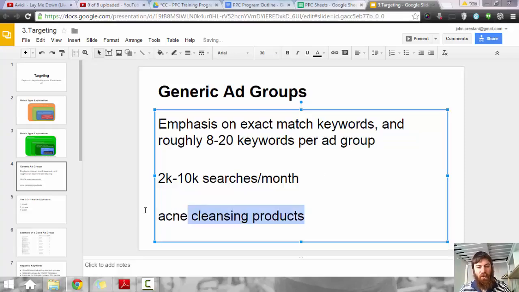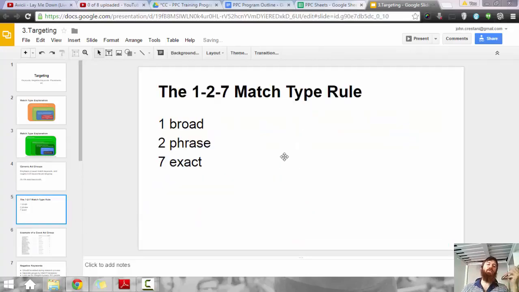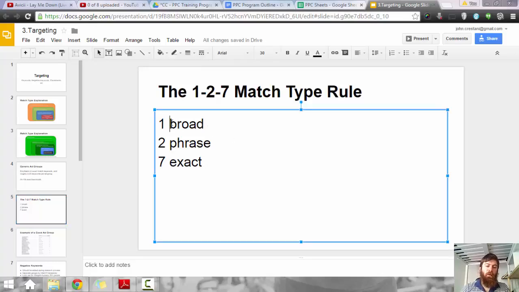It's something that's relatively targeted, but not too long tail usually. I call it the 1-2-7 match type rule. This is my rule of thumb: I never use broad in search, or generally not, but one modified broad per ad group, and then from that, you'd have maybe 2 phrase and 7 exact match.